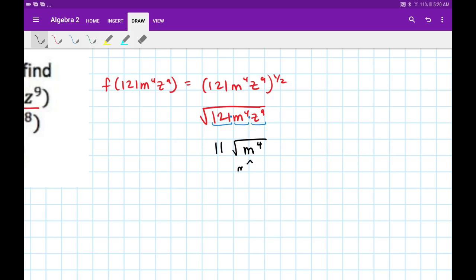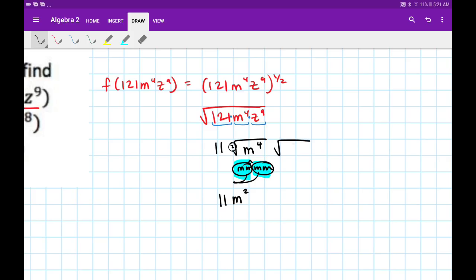If I have 4 m's, and I'm pulling them out in groups of 2, because that's the invisible number there, then I'm pulling out 2 pairs. So the square root of m to the 4th would be m squared, to represent 1 m for the first group, and then that second m to represent the second group that we pulled out. There are no leftovers, notice, so I don't have to leave any inside. There are none left over.